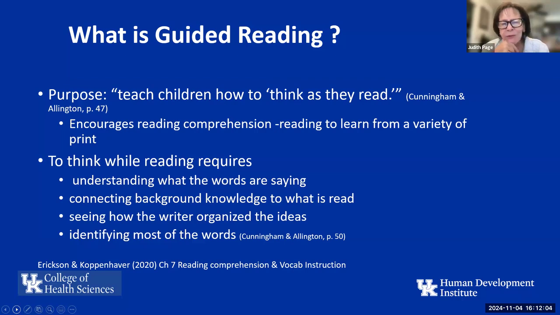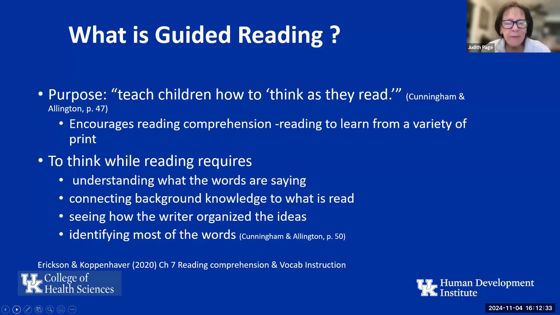If a student is going to be able to learn to think while they read, it requires some specific things, and those are listed on this slide. It requires them, first of all, to understand what the words are saying, so you've got word knowledge. It also requires them to take what they already know about the world, their background knowledge, and apply it to what they're reading, so they bring that background knowledge to play in interpreting what the reading is telling them.